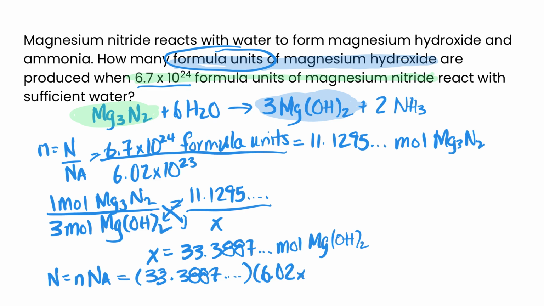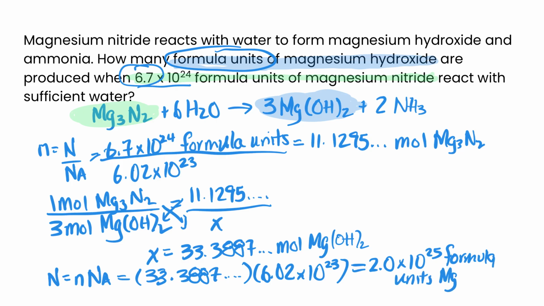So 6.02 times 10 to the 23 times 33 is going to give us, and if we want to round off to sig digs here, we got 2 sig digs, so it's going to be 2.0 times 10 to the 25 formula units of magnesium hydroxide. Okay, so we followed all our steps of Stoich and gotten the correct answer.